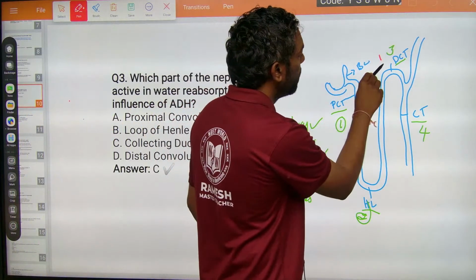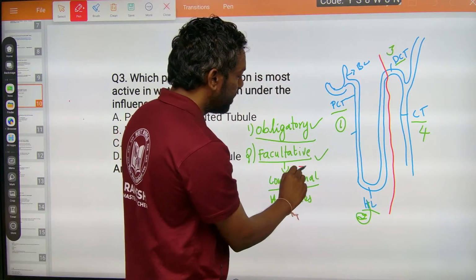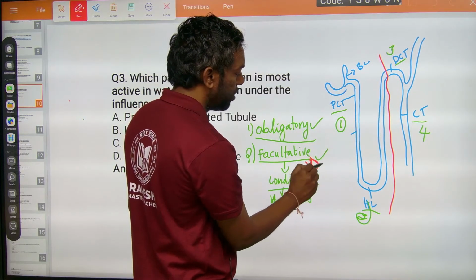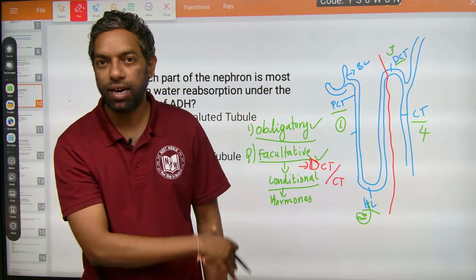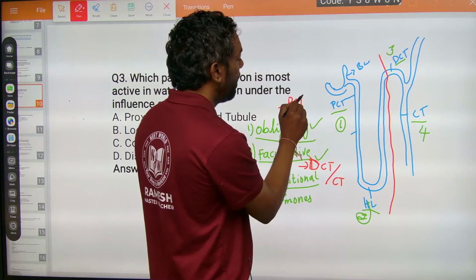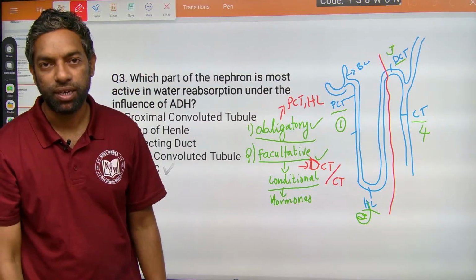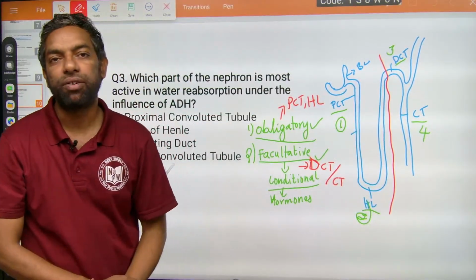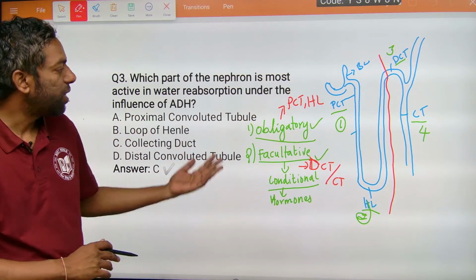DCT and collecting duct come under facultative reabsorption under hormone influence. Obligatory reabsorption is PCT and loop of Henle, and facultative reabsorption takes place in the collecting duct and distal convoluted tubule. What are the hormones involved?